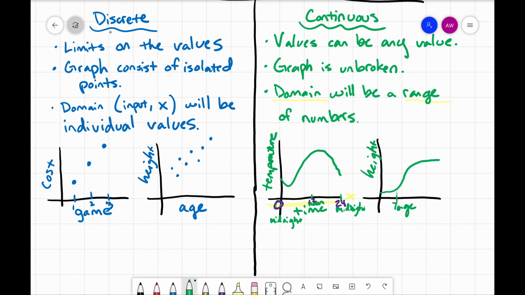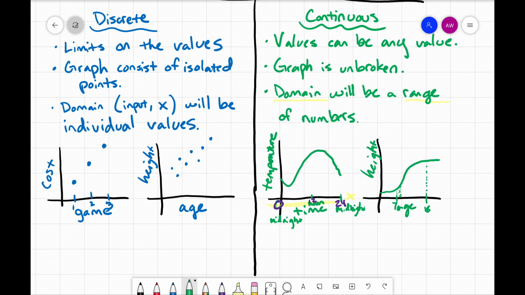At 18, you're that tall. But we could also say, how tall are you at 7 years and 1 month old, or 7 years and 2 months old? And so we could get more and more in depth, and so we could be tracking your height by the day.